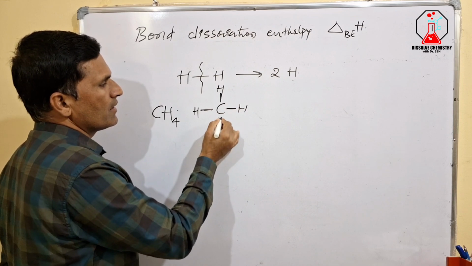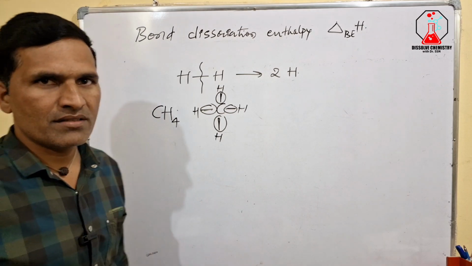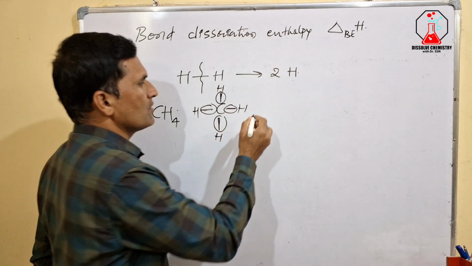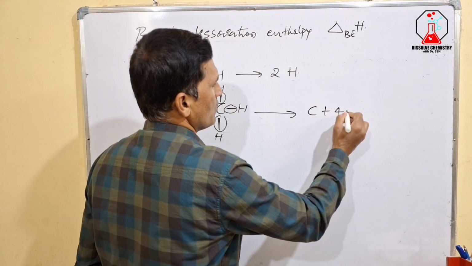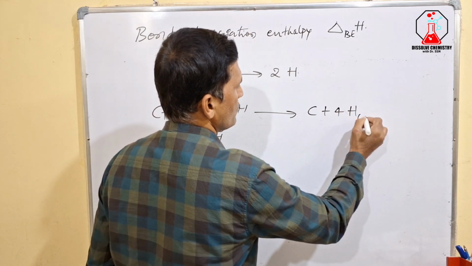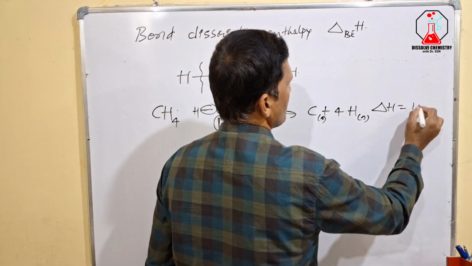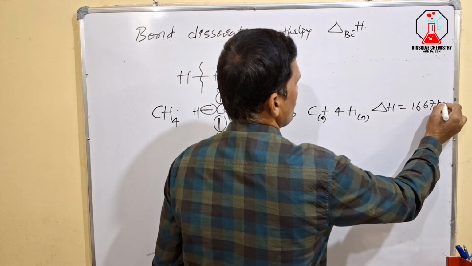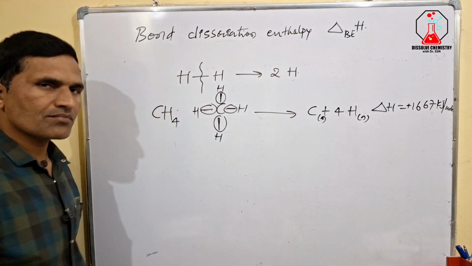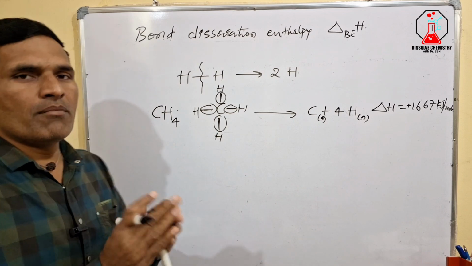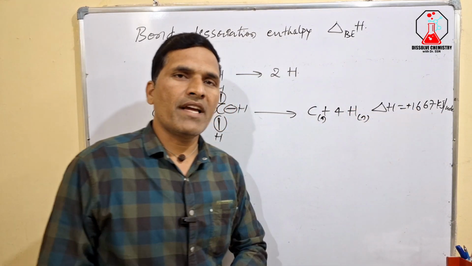If you break all these 4 bonds completely to give carbon plus 4 hydrogen atoms, then the enthalpy is 1667 kilojoules per mole. That amount of energy is required, so we indicate a plus sign. This is complete dissociation of all 4 bonds, and we need this much energy.